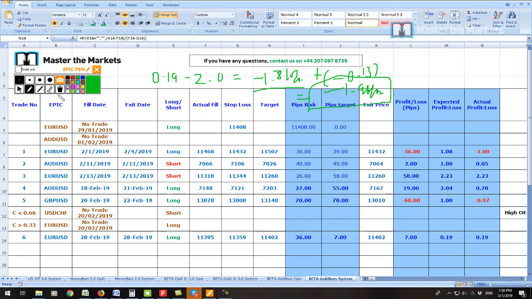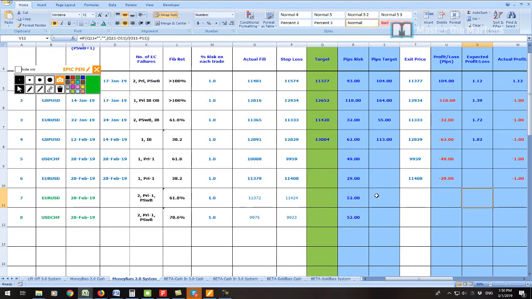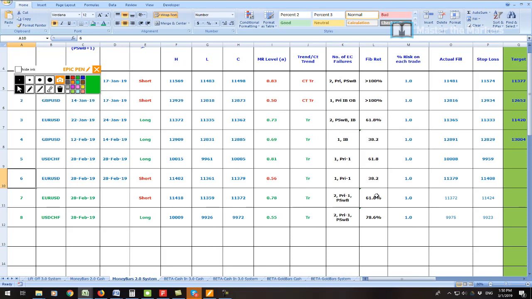In terms of pips, let me just do a quick calculation on that. I did forget to do that one. So 7 pips profit here. And in terms of the money bar system, what do we have actually, traders? -49 plus 29, so let's say that's -80 minus 78. So -78 plus 7.